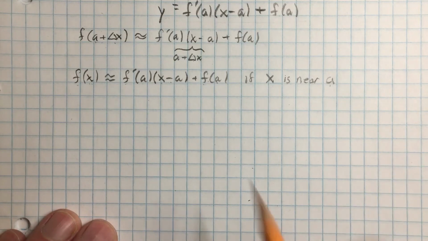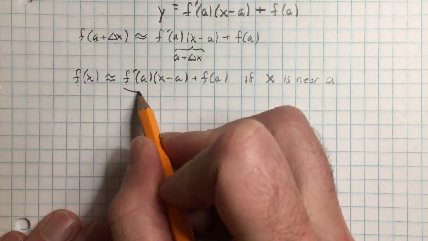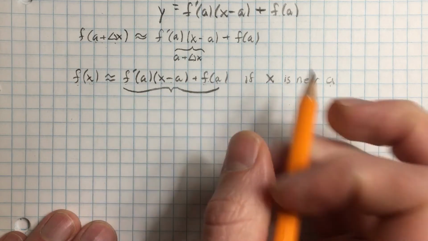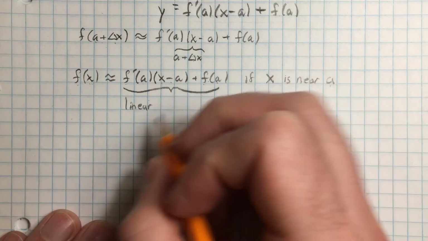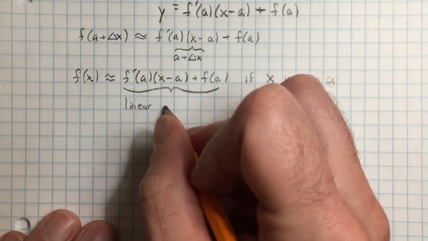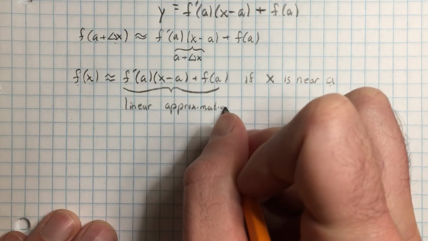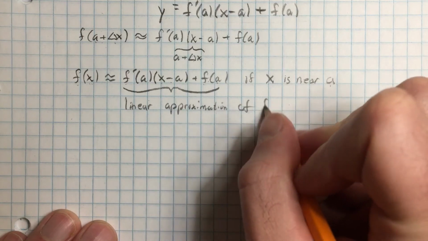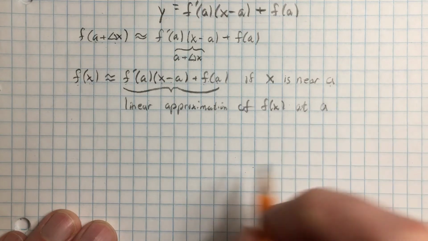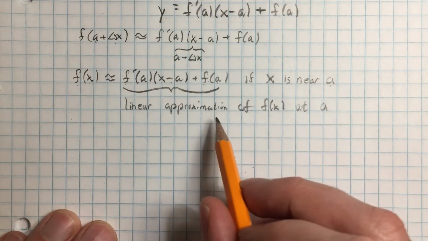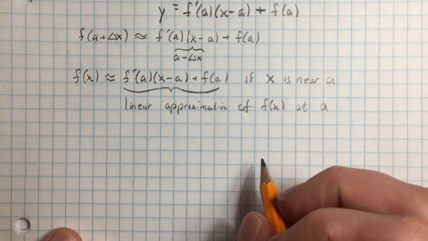Since we've approximated f of x with a tangent line, this is actually called the linear approximation, because it's a line. It's true it's a tangent line in particular, but since it's a line, it's called a linear approximation of the function f at a. Okay? It's the linear approximation of f of x at a, and it's good, again, for values around a. Since it's called a linear approximation, they use a special notation for it.